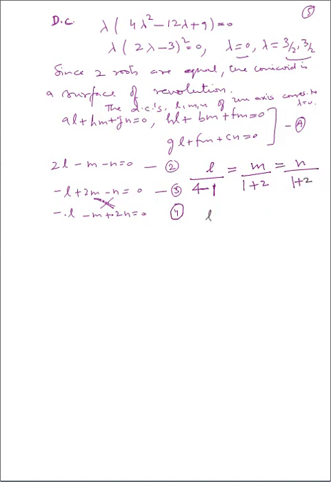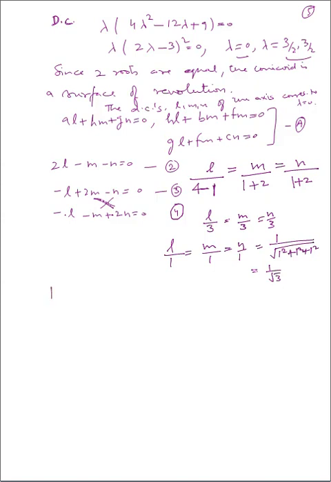So this is L upon 3 is equal to M upon 3 is equal to N upon 3. Can be written L upon 1, M upon 1, N upon 1. So we get 1 upon under root 1 square plus 1 square plus 1 square. So 1 upon root 3.